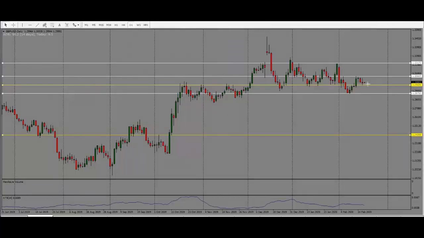especially if we get more comments in regards to the budget that's coming out. Today we saw that there was an announcement in regards to the budget that will be released on March 11th, I believe, and because of that, again, the positive sentiment was created for British pound.